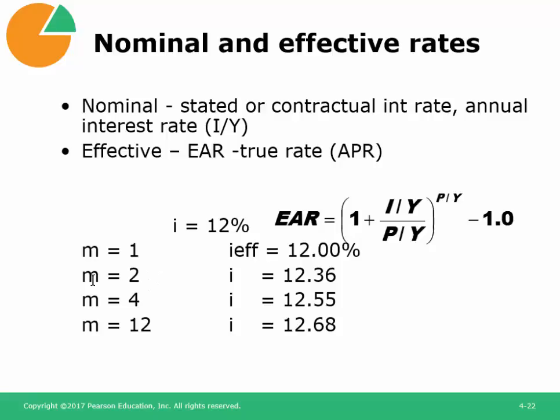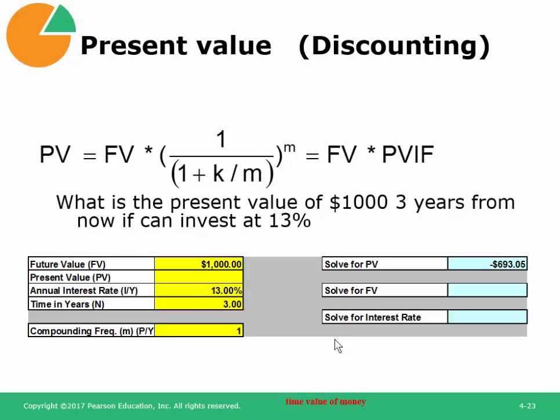For 2 times semi-annually, that's the 12.36% that we saw earlier. If you change the M to 12 so that we compound monthly, the effective interest rate is 12.68%. And of course, the future value is going to be more because you're earning a higher rate of return. Interest is earning interest more frequently and quicker.